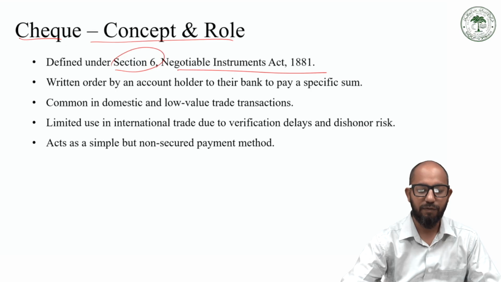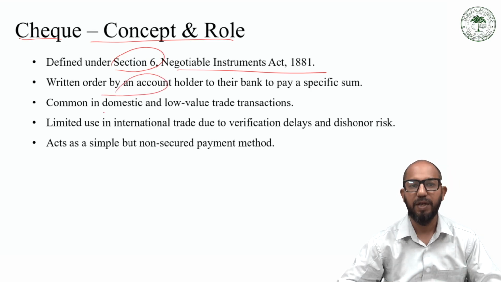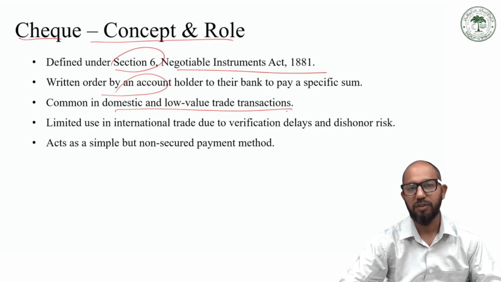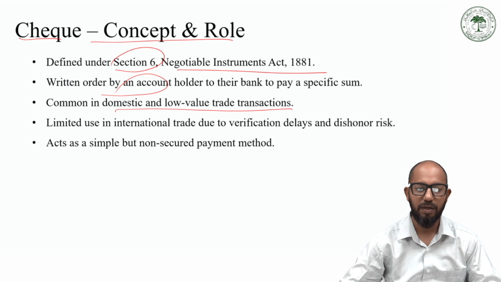It is a written order by an account holder to their bank to pay a specific sum to a party. It is very commonly used in domestic or low value trade transactions. That is why everybody is aware of the check as a payment instrument. Even people who are not exporters, common people, also use check as a payment instrument.